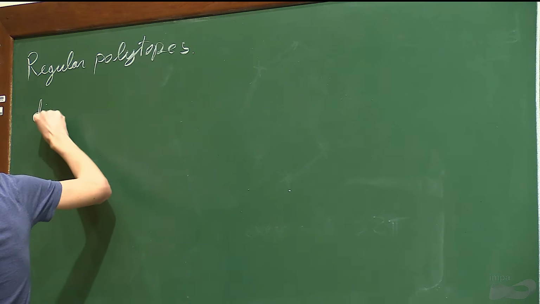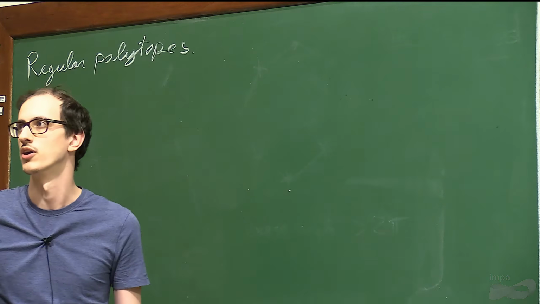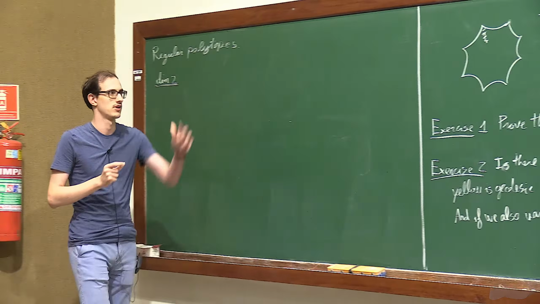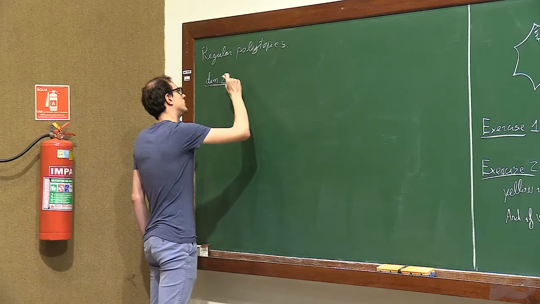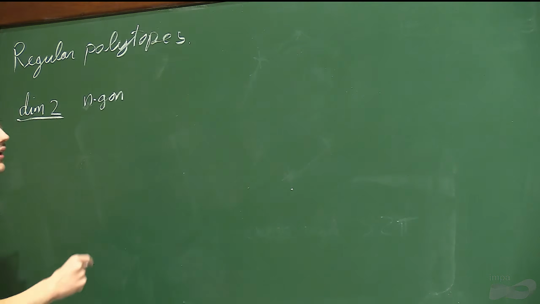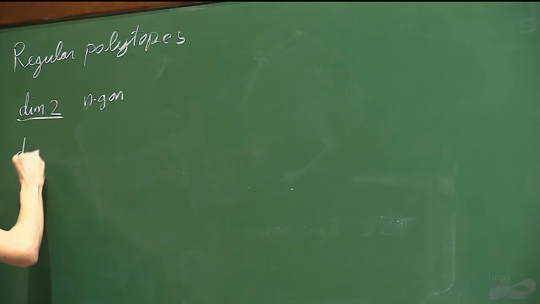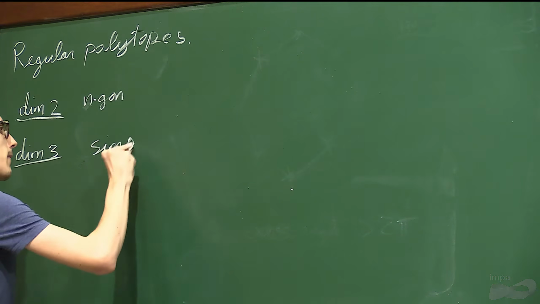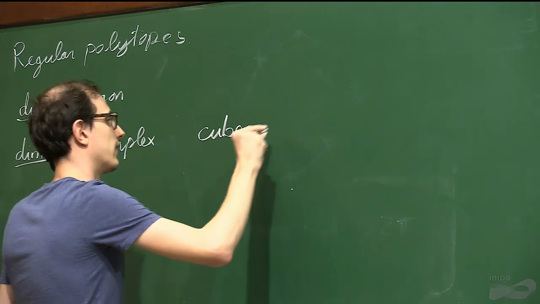In dimension 2, so here we're not yet talking about geometry. I'm just talking about polytopes in R^n if you want. They can be represented in all three spaces. So in dimension 2, there's an n-gon which is regular for every n. Dimension 3, we have the Platonic solids. We have the simplex, which is just a tetrahedron, the cube, and the octahedron.